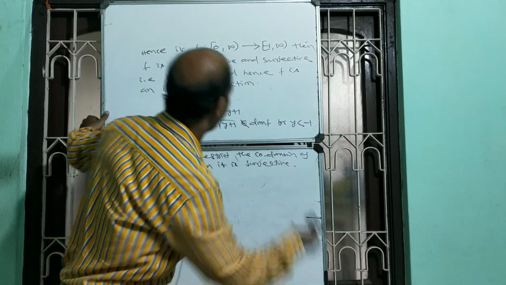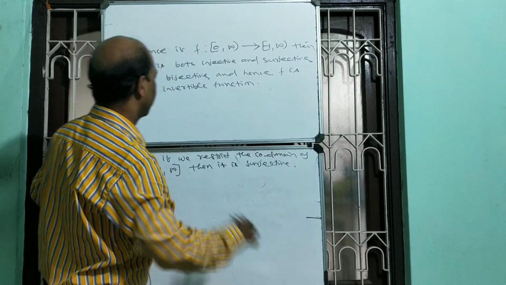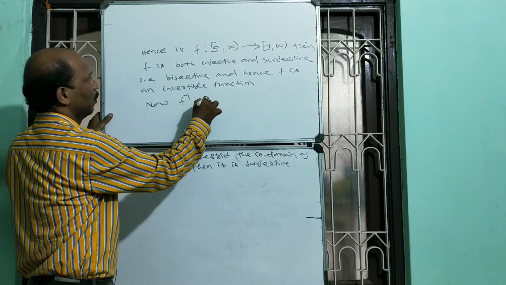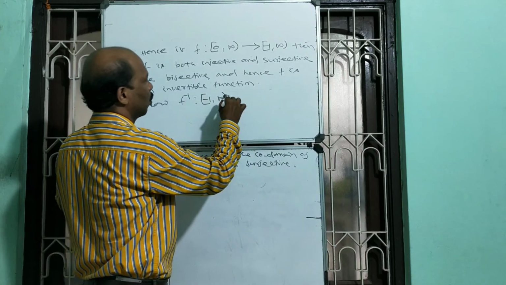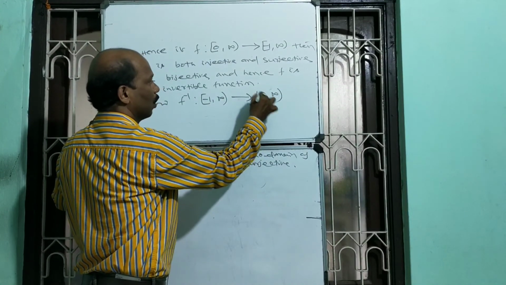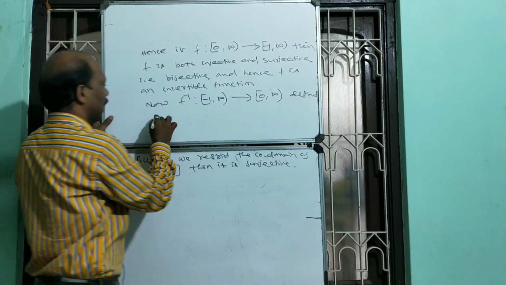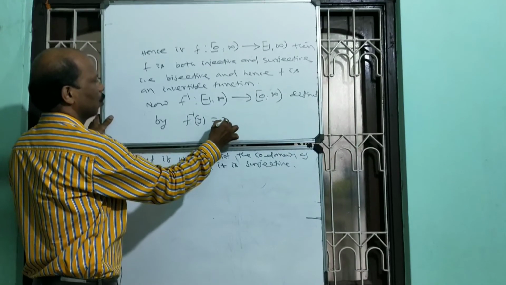Now f inverse maps from minus 1 to infinity, closed at minus 1 and open at infinity, towards 0 to infinity, defined by f inverse of y is equal to x.